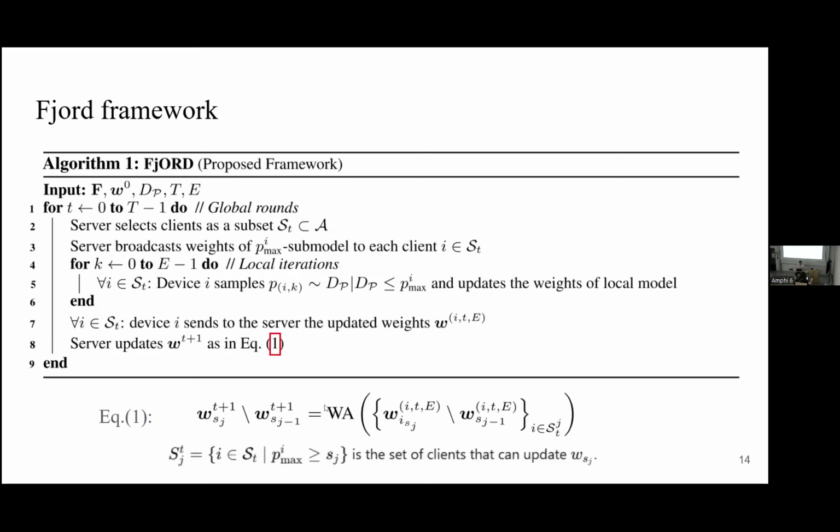It aggregates as a weighted average, where the weights are based on the number of data samples on each client, so the client that has more data has more weight. We average every subset of parameters trained by the corresponding clients. So if we're aggregating the least important parameter or neuron, we only do the weighted average over the powerful clients, because they are the only ones who actually train that parameter.